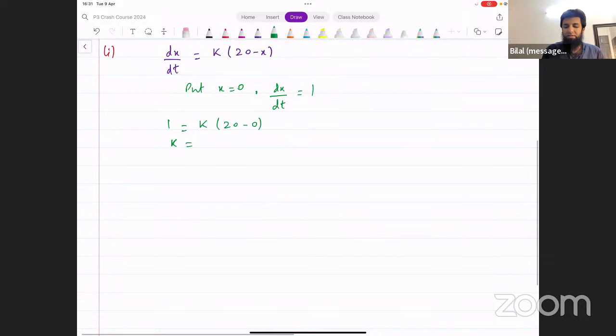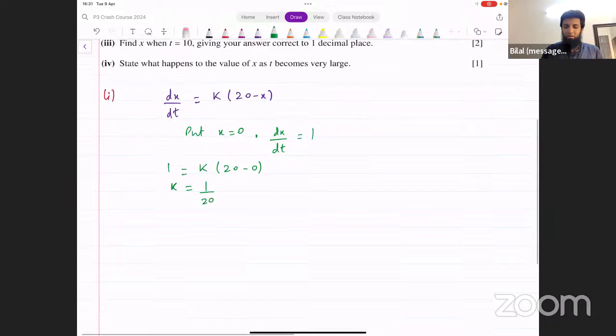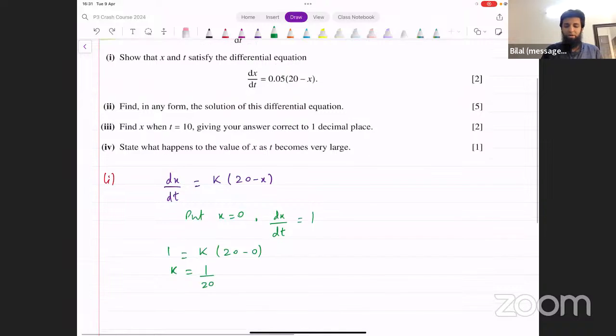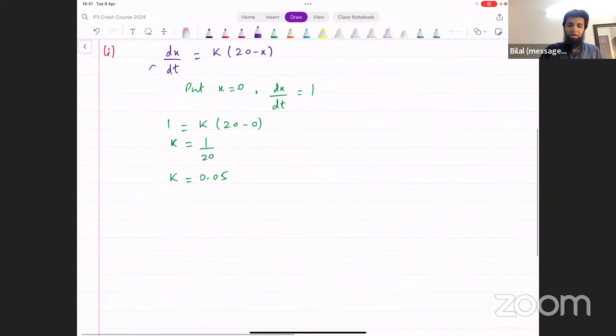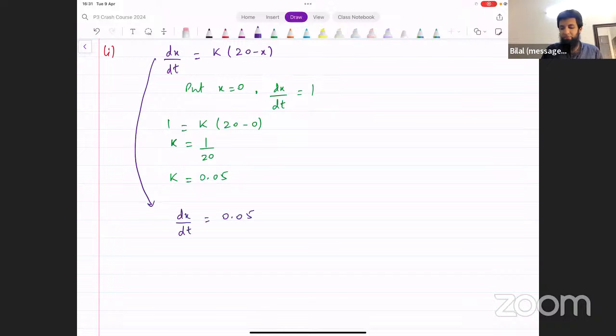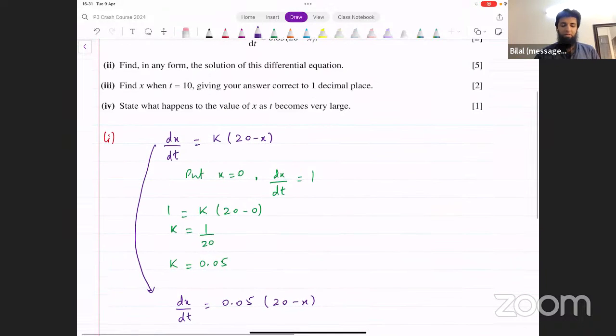The value of k turns out to be 1 over 20. They've written this in decimals. So 1 over 20 in decimals is 0.05. So that's the value of k that we've got. And now we can say the differential equation looks like this. It's dx over dt equal to 0.05 multiplied by 20 minus x. That is what the differential equation looks like. That's what we had to prove in the first part.